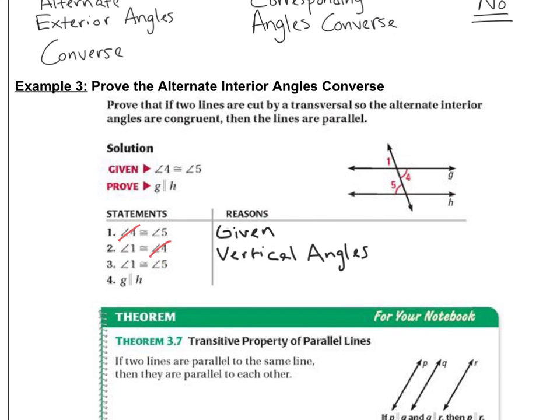When we cut out that middleman, that's known as the transitive property. We have three transitive properties, so this is transitive of congruent angles. Then we need to identify what kind of angles 1 and 5 are. They are in the same spot but on different lines, so they are corresponding angles. To prove that they are parallel, it would have to be the corresponding angles converse.